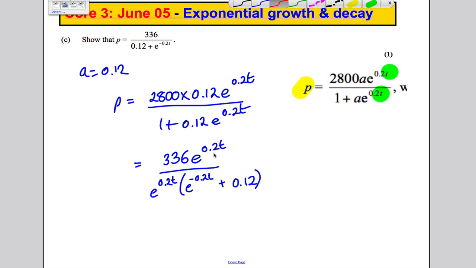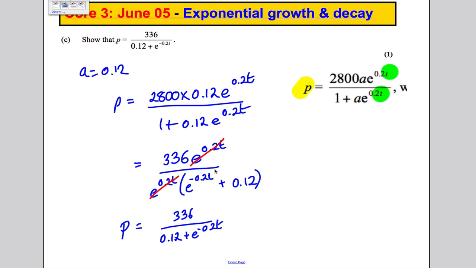Then the e to the 0.2t's cancel from top and bottom, and you get the simplified equation that they're looking for, 336 over 0.12 plus e to the negative 0.2t. So P is equal to that. So it was actually slightly different.